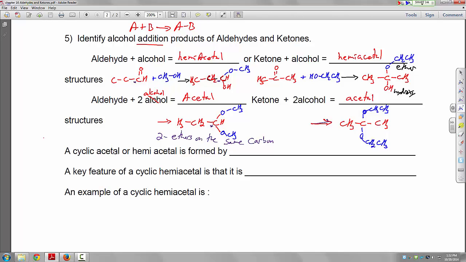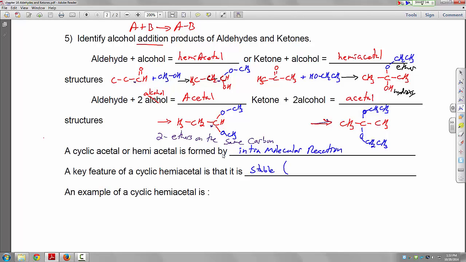A cyclic hemiacetal involves an intramolecular reaction. This is where one part of the molecule reacts with another part. I can show you that down below in a moment. A key feature of the cyclic hemiacetal is that it is stable.